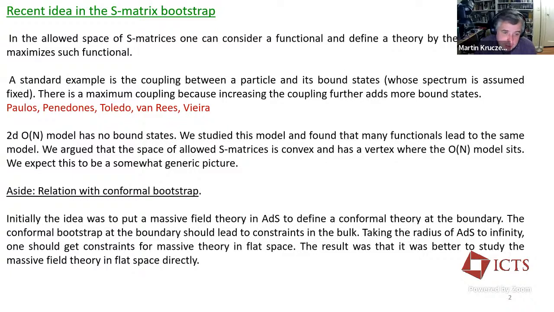And in 2D in particular, we found that that space is always a convex space. If you look at S matrices in a subspace of states, for example, 2 particle states, it has a boundary, and in that boundary, for example, sometimes there are vertices that correspond to interesting theories. That's not always the case, but in this space of allowed S matrices, we need to find the S matrix of interest by some extra considerations, and that's one of the things which is not clear. What should we do to find it?